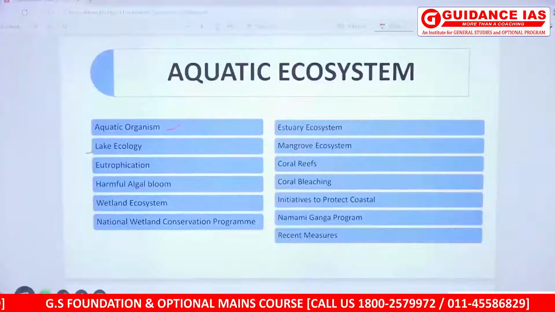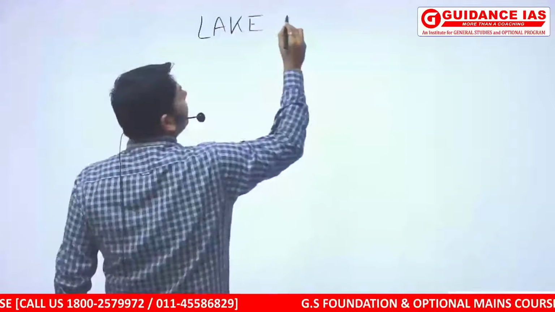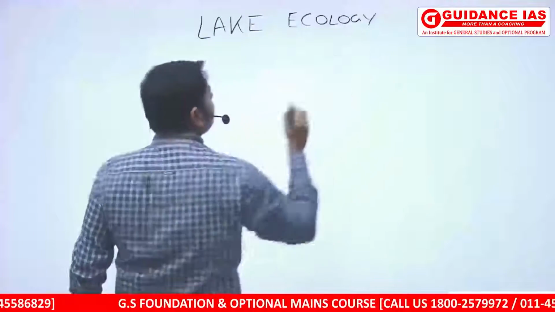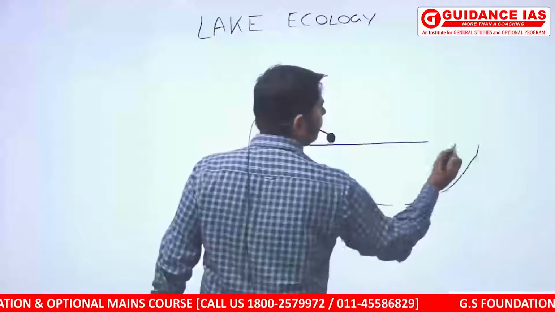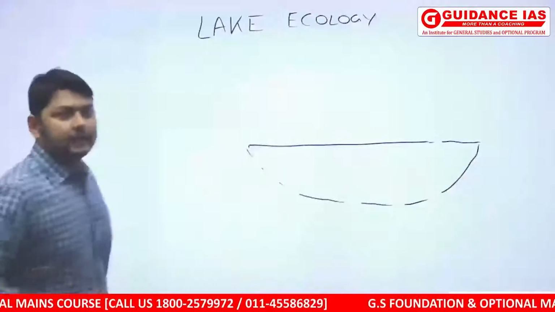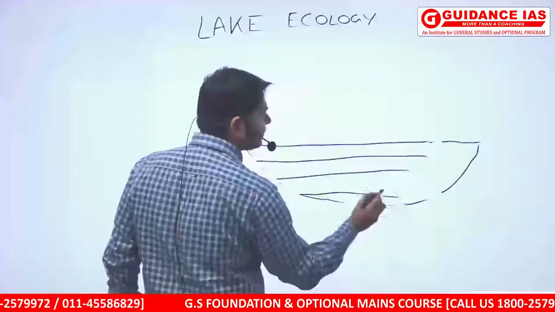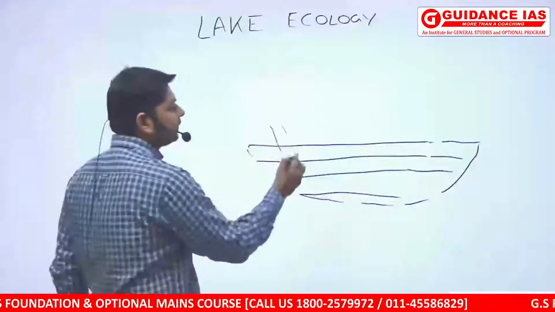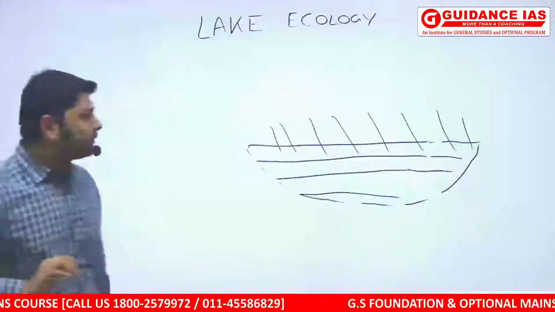Now, for example, if we see lake ecology. If I have a lake here, in this lake there are different zones: photic zones, benthic zones, neritic zones, etc. Now there is some sunlight penetrating through some part of this lake.